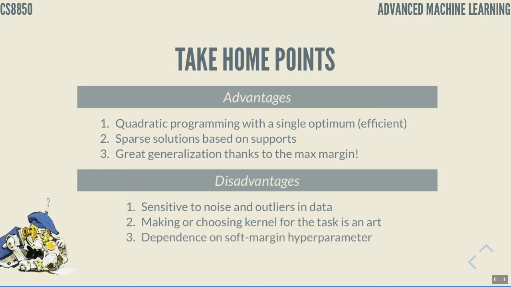Another problem is dependence on the soft margin hyperparameter C, because now you need to estimate it somehow. But there is no hyperparameter free learning, as they used to say. So I wouldn't worry too much about that.